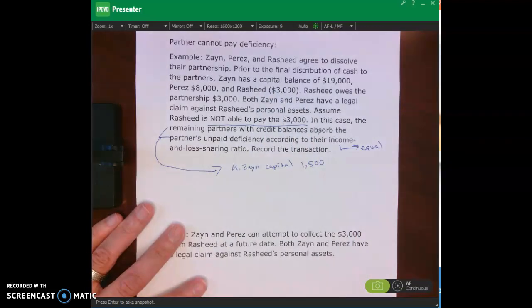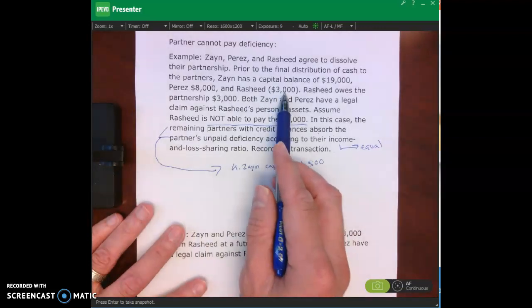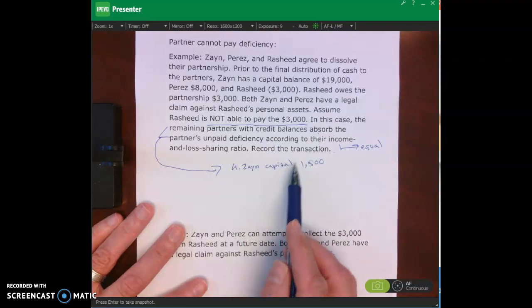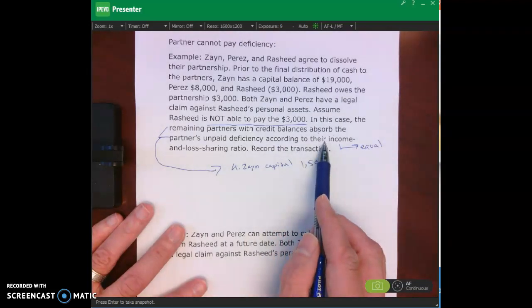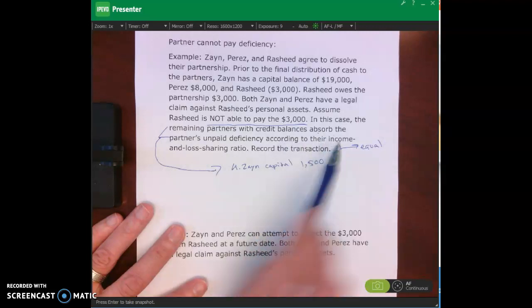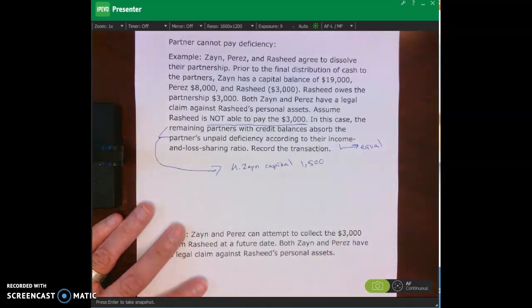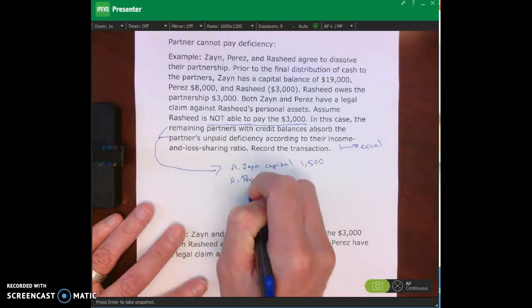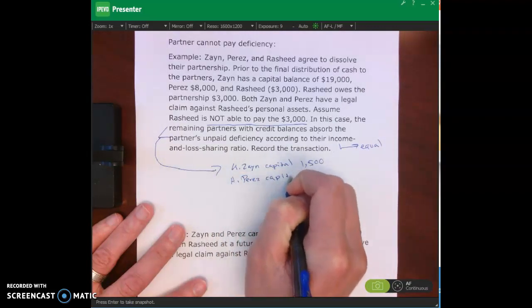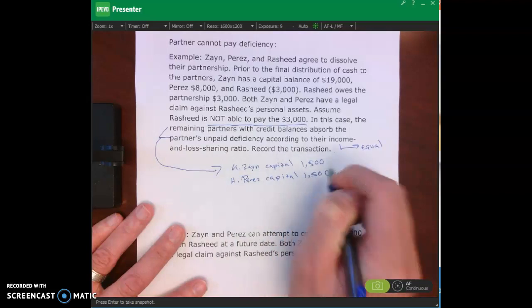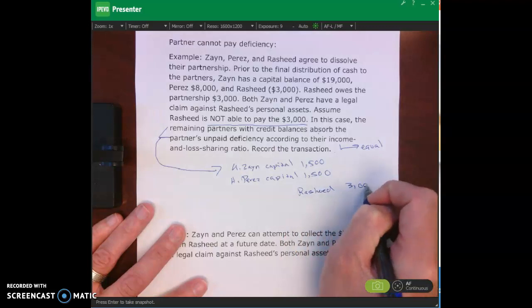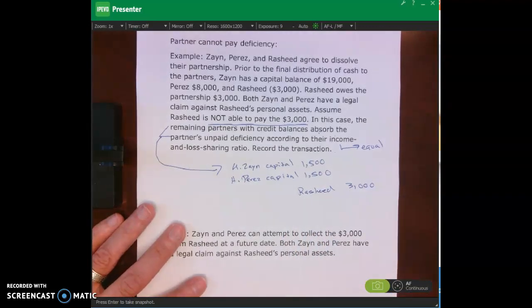We can't close it out. So we have to credit Rashid's capital and then decrease Zon's and Perez's by a total of 3,000, and we split out that 3,000 according to their income and loss sharing ratio, which we're saying is equal. That's why they each get 1,500. So then we say H Perez capital 1,500, and then Rashid capital of 3,000. Okay, that's the first journal entry.